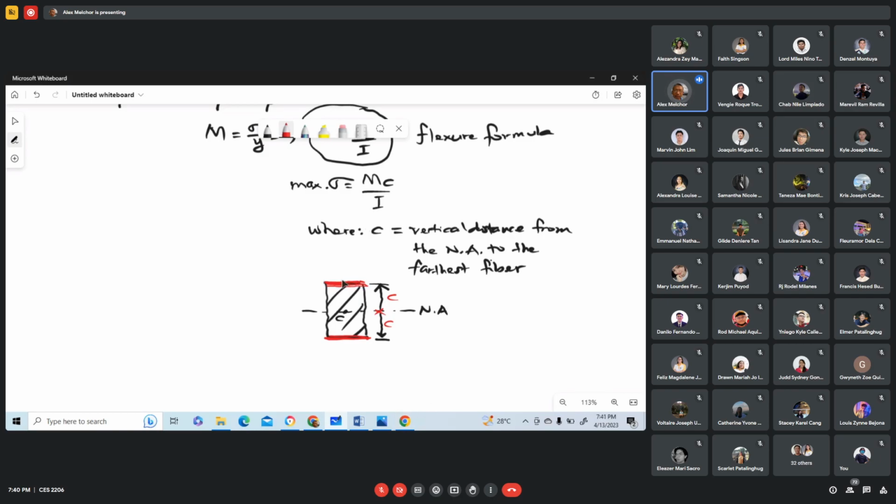So for this section, the maximum flexural stress occurs in the farthest fiber, in the uppermost fiber, also in the lowermost fiber. Since this section is symmetrical with respect to the neutral axis, this distance is equal to this distance. Okay.